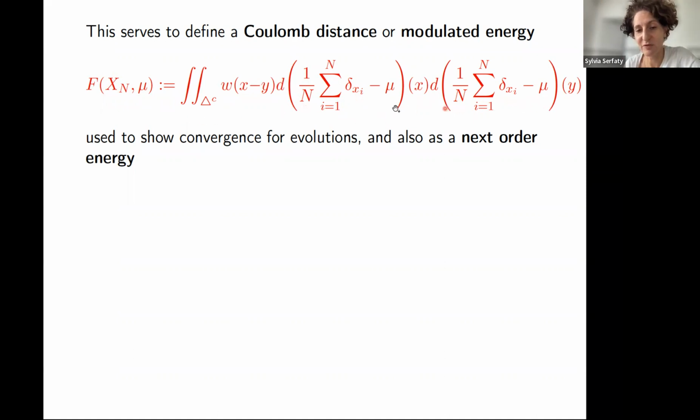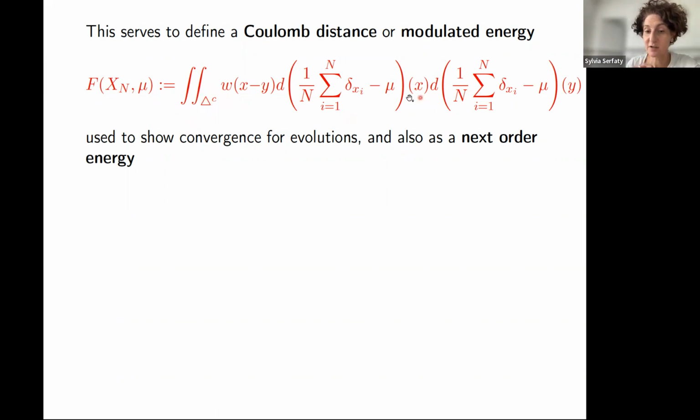So in the same way as before. The only difference here with the previous definition is that here I have to do this. You see here I have the triangle complement. So here I have to remove the diagonal. The triangle means the diagonal in R^d cross R^d.